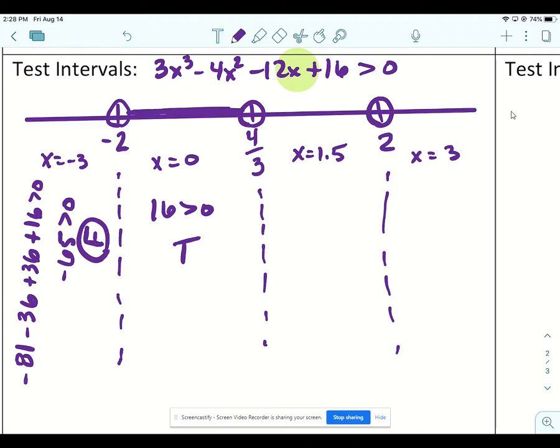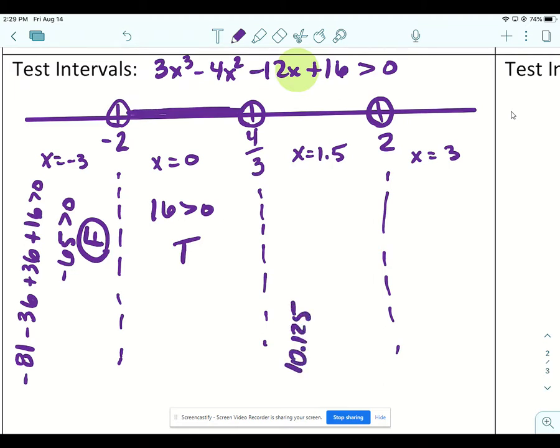I already did this one in the calculator because I don't like doing decimals in my head. Whenever you take 1.5, if you were using a little calculator, you would have to do 1.5 times 1.5 times 1.5. You get 3.375. And when you multiply that by the 3 on the outside, you get 10.125.